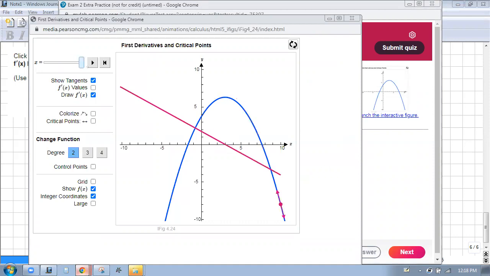If the y value is 0, that means you're on the x-axis. So if f prime is 0, the graph of f prime is crossing the x-axis.